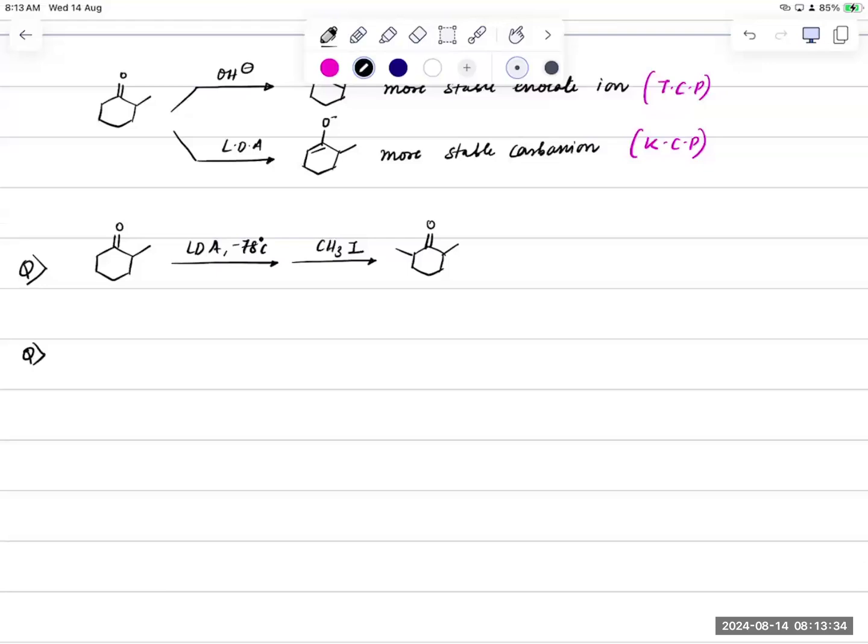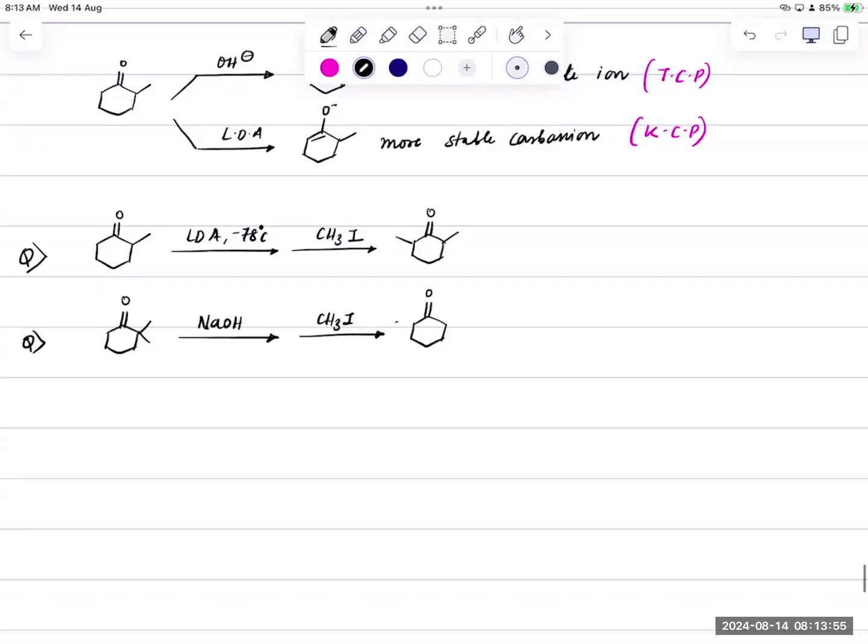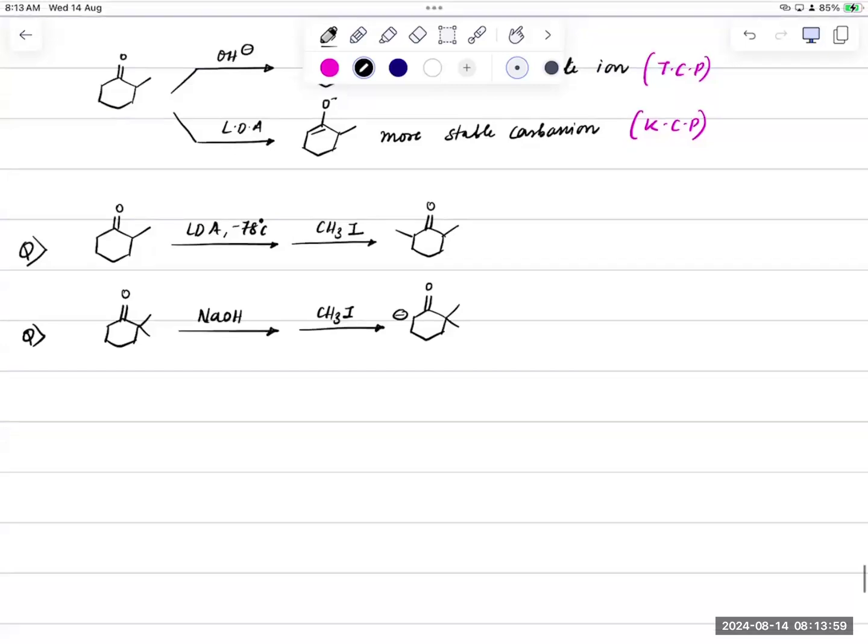So on similar lines, let's add one more product. Suppose you have a double bond O and two groups here, and I treat with first NaOH followed by CH3I. So what is the product you will get? The double bond O. Now, since there is no alpha hydrogen here, you'll get the anion here, and that will also connect with this CH3 and you'll get it.